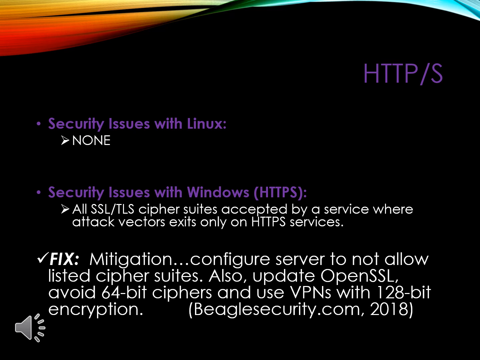All SSL and TLS cipher suites accepted by a service or attack vectors exist only on HTTPS services. The best way to fix this is through mitigation. You have to configure your server to not allow listed cipher suites. Also, you must update your OpenSSL, avoid 64-bit ciphers, and use VPNs with 128-bit encryption.